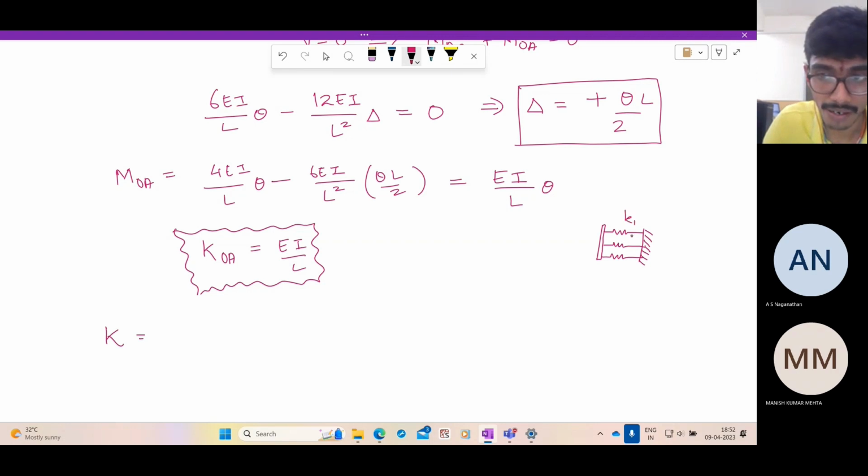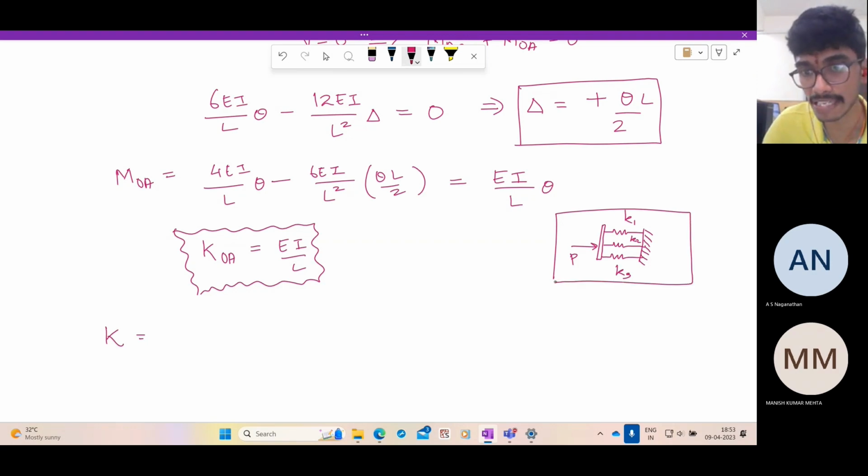You have K1, K2, and K3, and you apply a load P. In what proportion will they be divided? In the first spring, the force P1 will be K1 by K1 plus K2 plus K3 into P. The second spring, the force P2 will be K2 by K1 plus K2 plus K3 into P. The third spring, it will be K3 by K1 plus K2 plus K3 into P. So it is exactly the same thing, only that instead of displacements, we have rotations. That is the only difference.